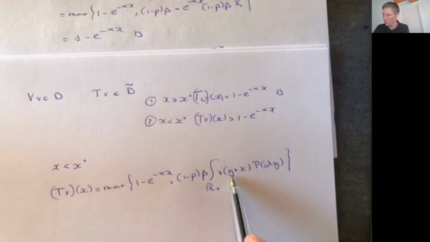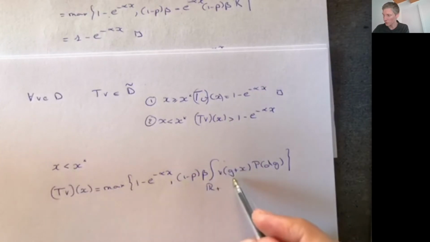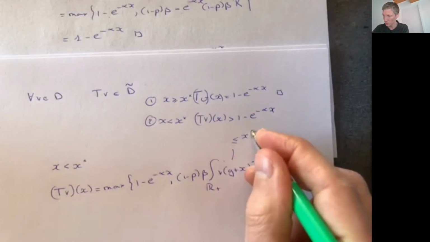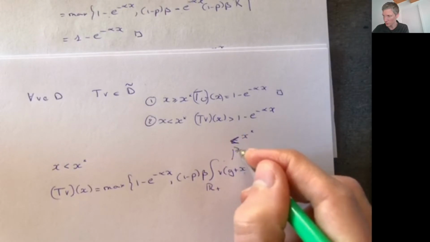Okay, so x is smaller than x star, so g plus x can be either smaller than x star, or greater or equal to x star.